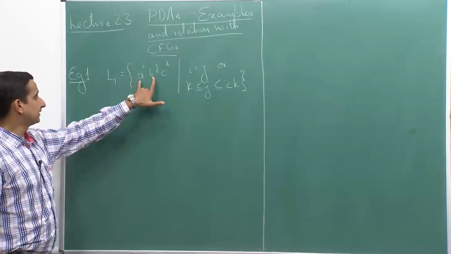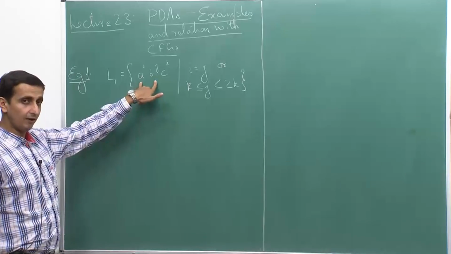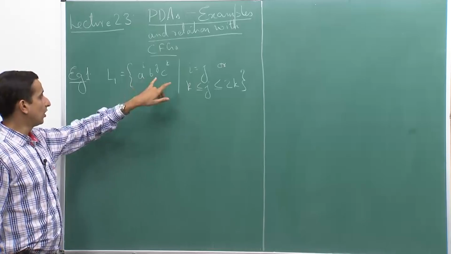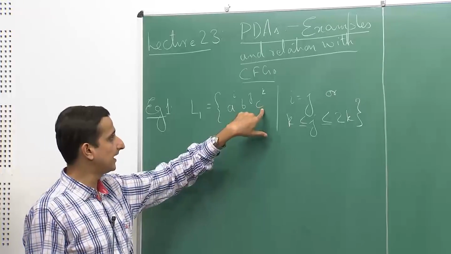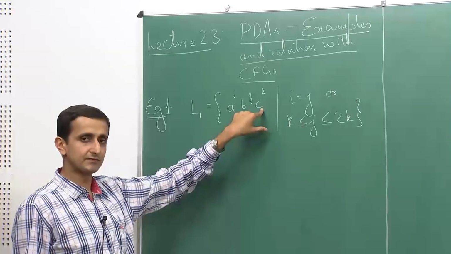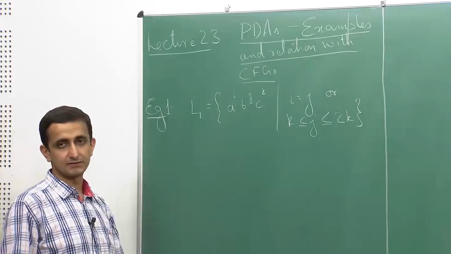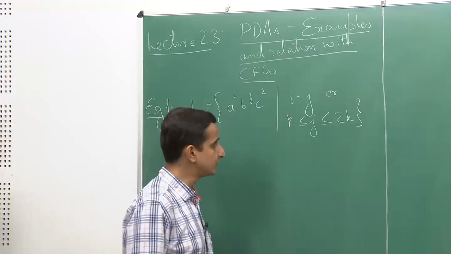So, if either the number of a's and b's are equal, we will accept this string, or if the number of b's lies between k and 2k, where k is the number of c's, even then we will accept such a string.